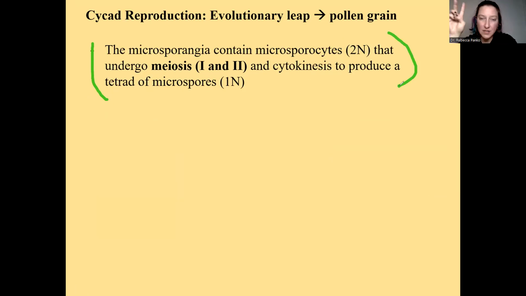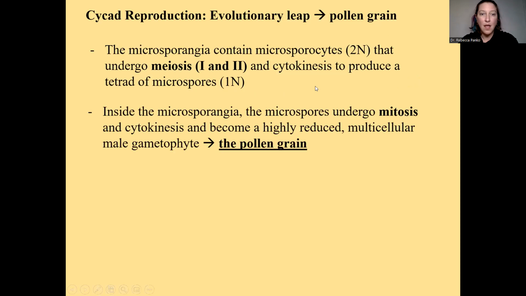A 2N cell inside of a sporangia undergoes meiosis and cytokinesis, and you end up with haploid spores. That's the same as we've seen for everything so far. But okay, we have heterosporous spores, so you have micro, fine, but same old thing. Now we're going to have another step.